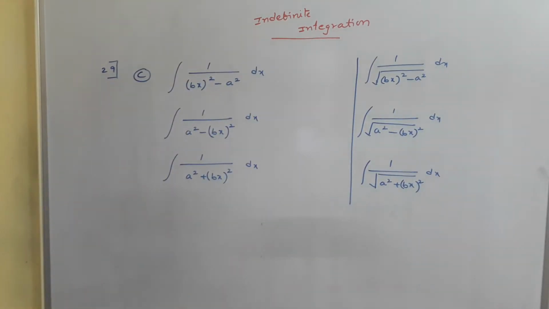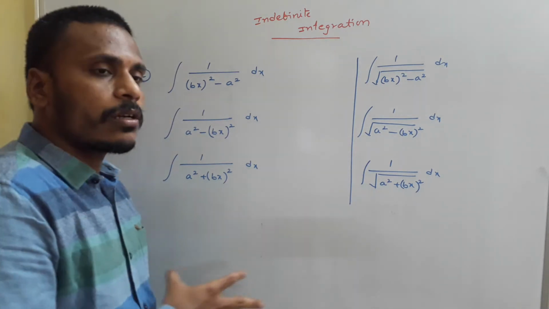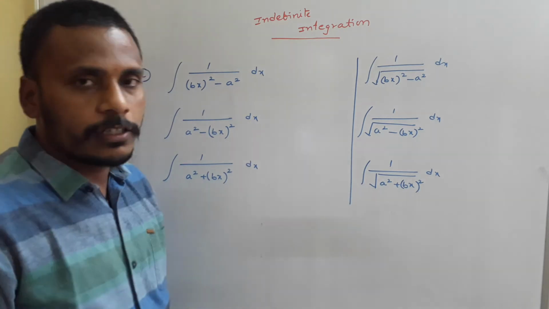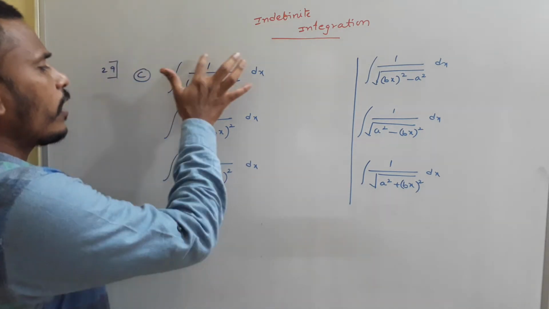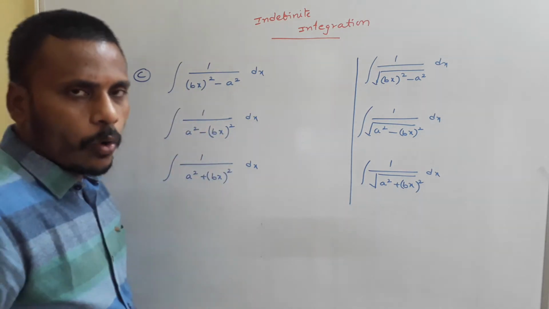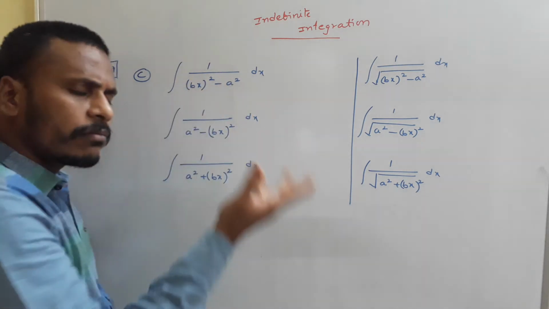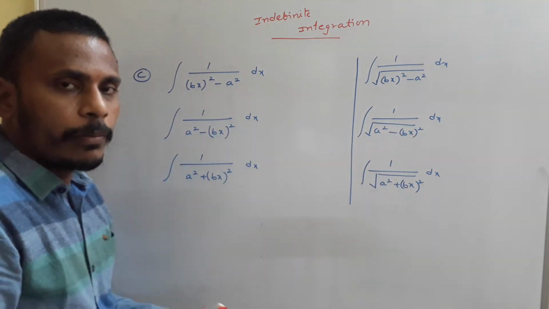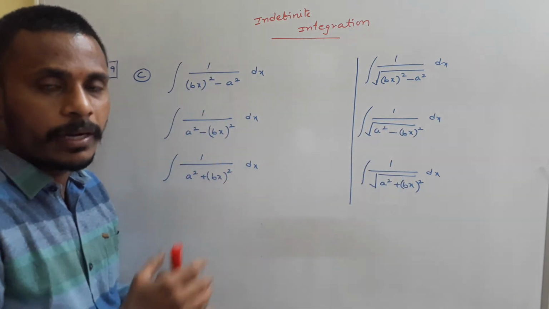Next set of problems. Basically all these problems are useful to understand these types of integration formulas. Integral 1/(bx² minus a²). Here bx is again a variable quantity, so treat bx as t: 1/(t² minus a²) is 1/2a into logarithm of (t minus a)/(t plus a).